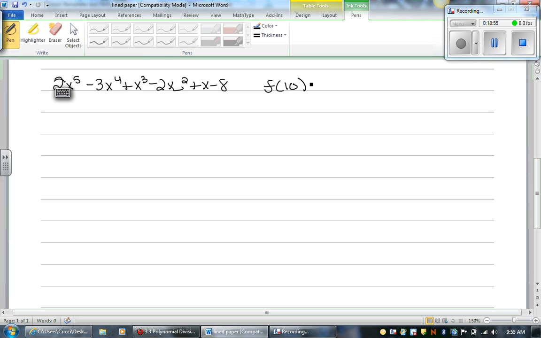Okay, so we set up my synthetic division. We're going to use 10 as my divisor. Our coefficients.